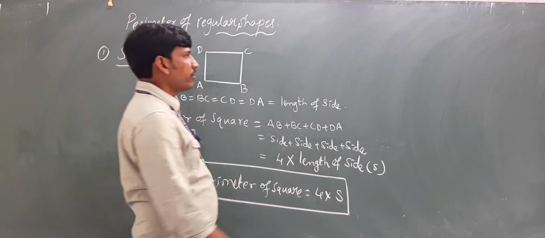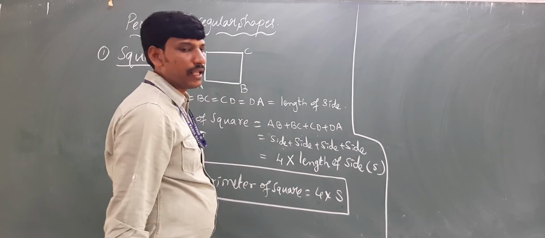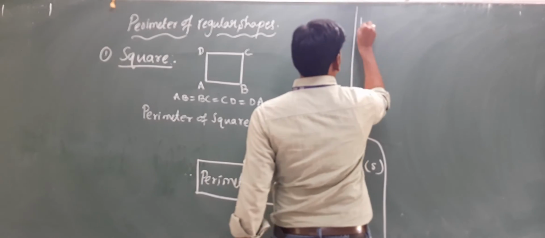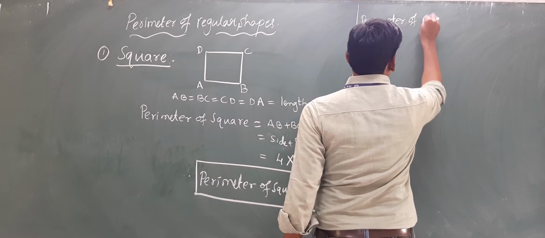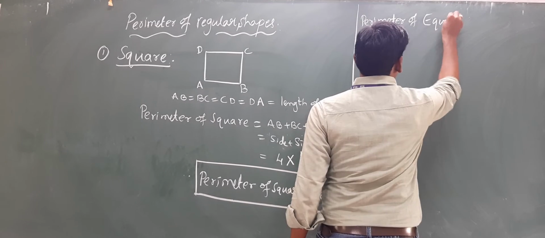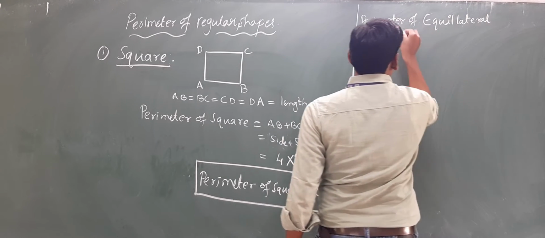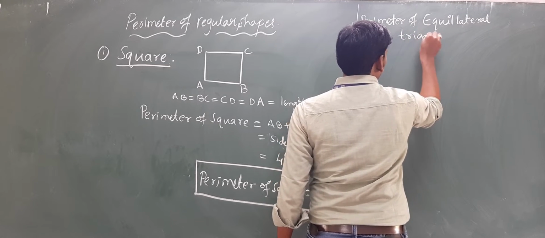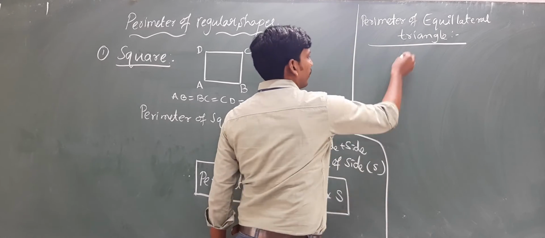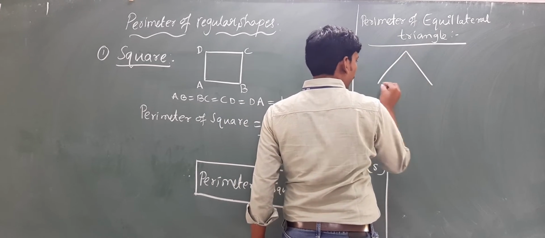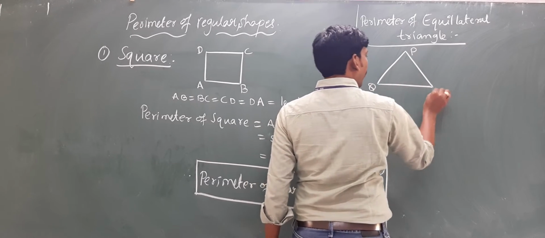Similarly, we can find the perimeter of an equilateral triangle. See, here also the same thing. Draw the figure. It is a triangle PQR.